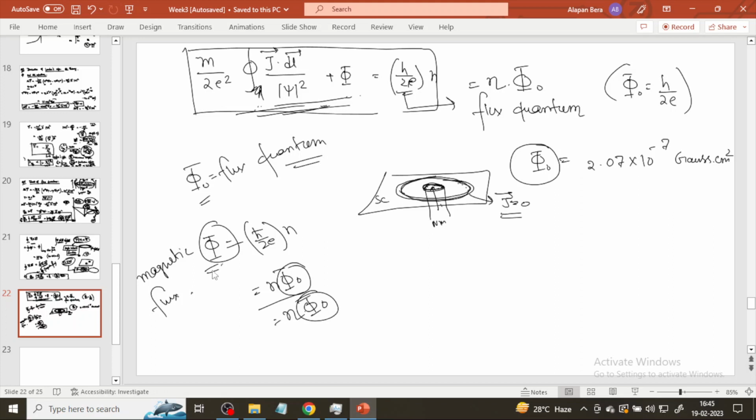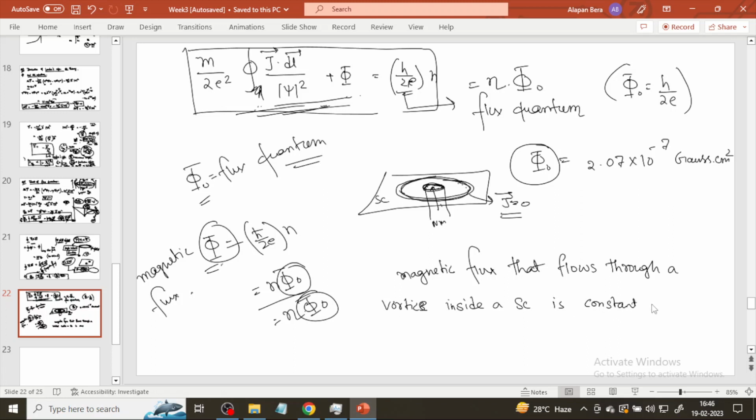Okay, so the magnetic flux that flows through a vortice inside a superconductor is constant times phi naught.